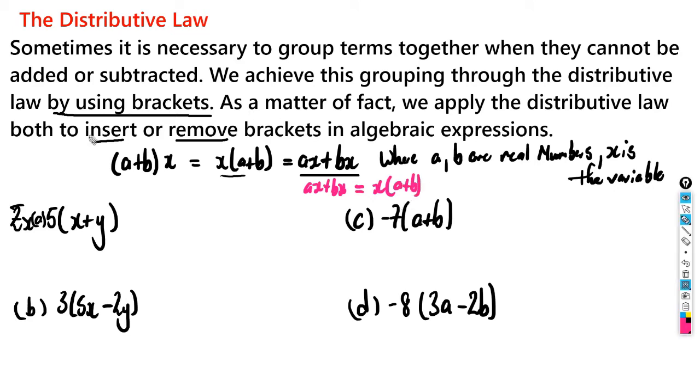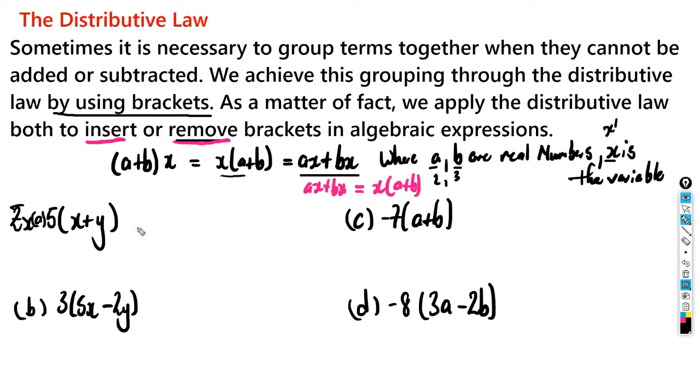So we actually use it to insert and remove brackets in algebraic expressions. Okay, guys? All right, so let's look at these 4 examples here. Also, I forgot to mention that a and b are real numbers and x is the variable. So a would be numbers like 2 and 3, and x would remain x to the 1.